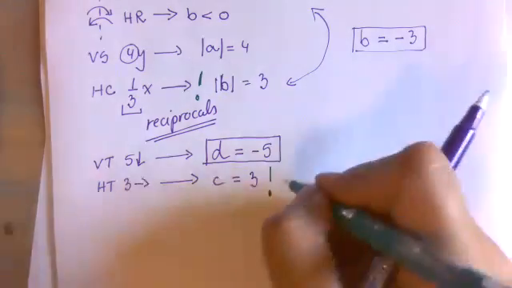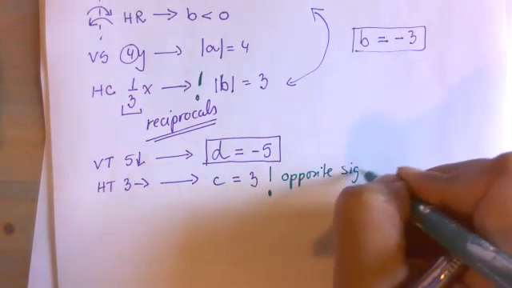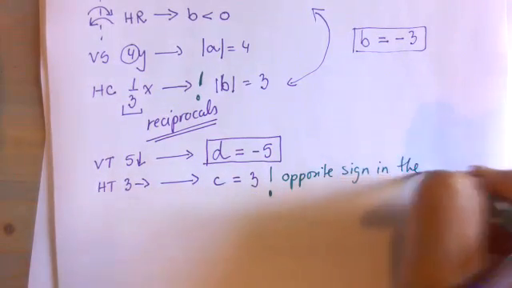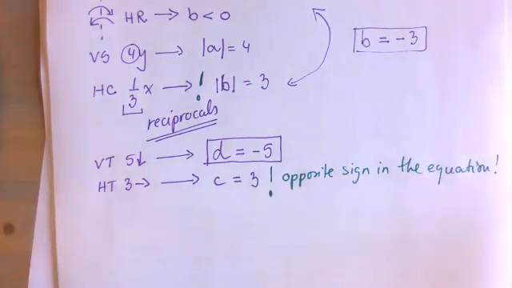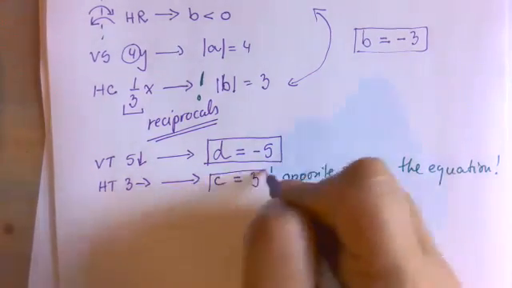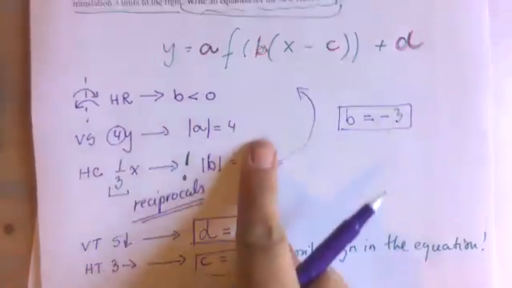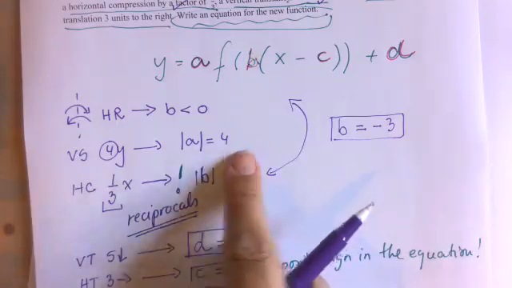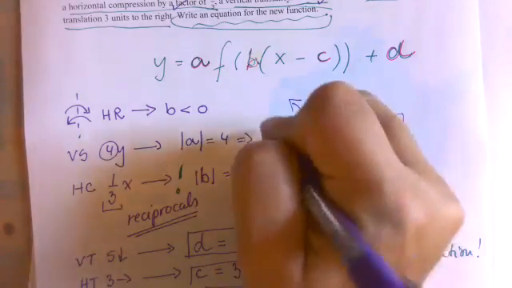So let's write it down: opposite sign in the equation. C is known, D is known, B is known. A, since we didn't find a vertical reflection, we can conclude that A is just +4.